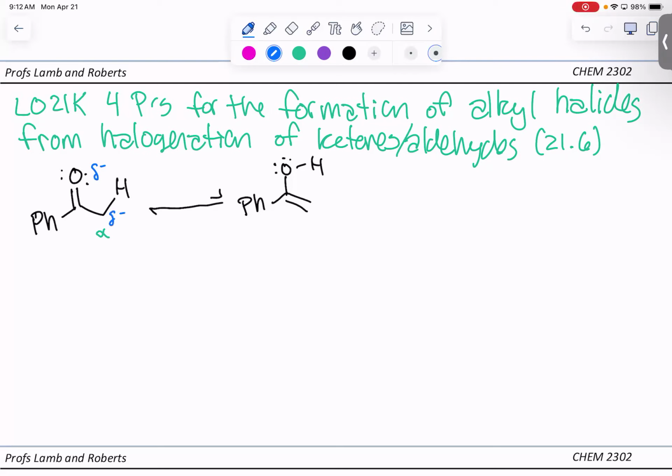We've learned that this alpha position, because we have this enol form here, is another delta minus. And then, of course, throughout this entire semester, we've seen a lot of reactions at that carbonyl carbon, which means that's our delta plus in this reaction. All right, so for this particular reaction, we're going to use the enol form as our nucleophile.